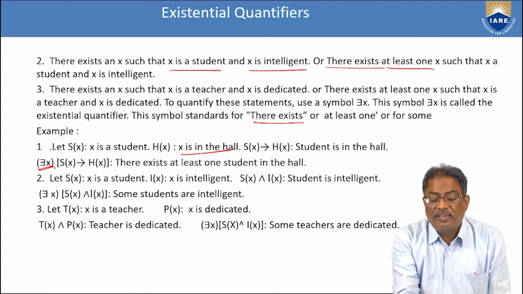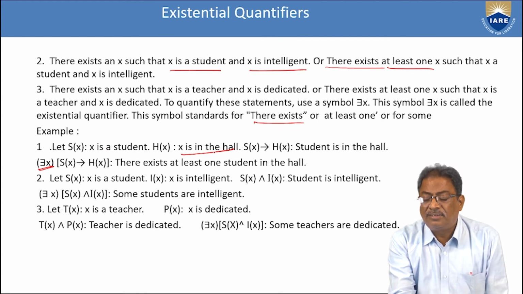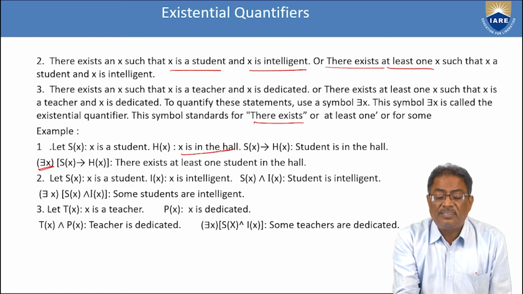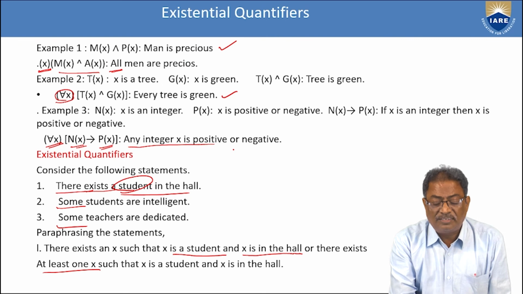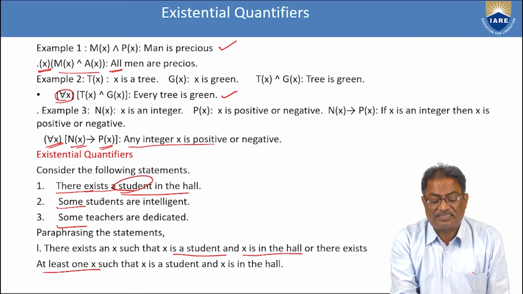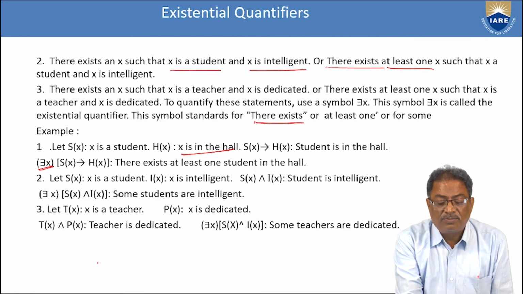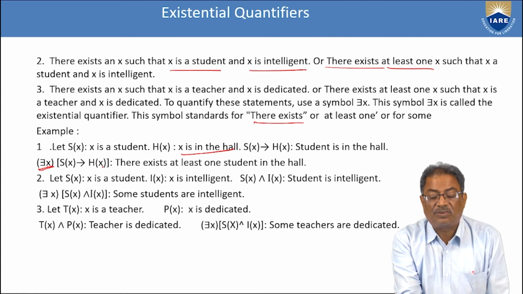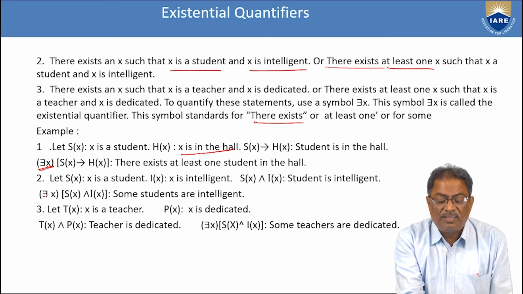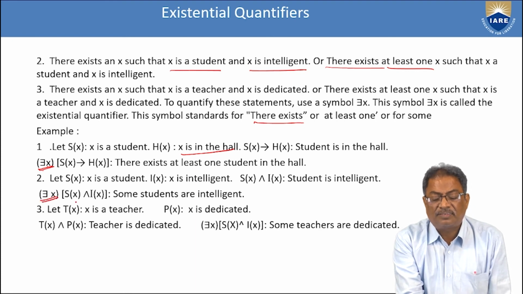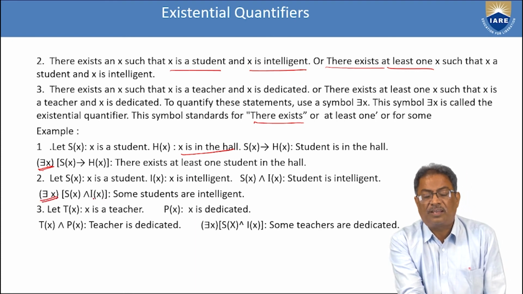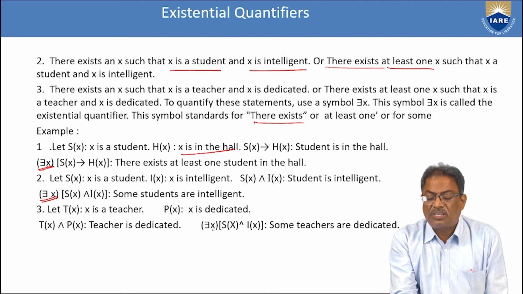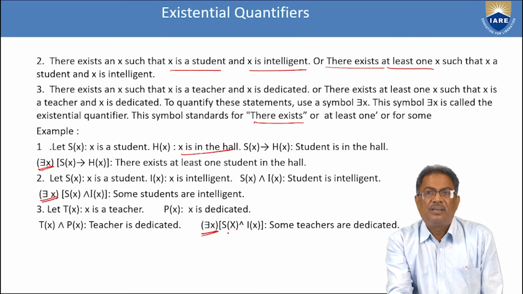If x is a student, then he is in the hall. It is not true for all cases, only at least one. So we write there exists x, S of x, then H of x. Similarly, there exists x, S of x and I of x: some students are intelligent, and here also some teachers are dedicated.